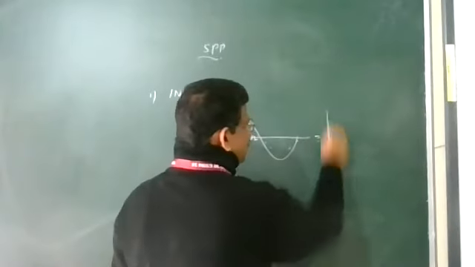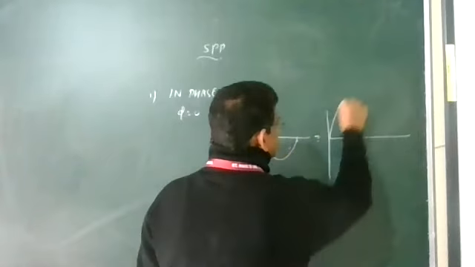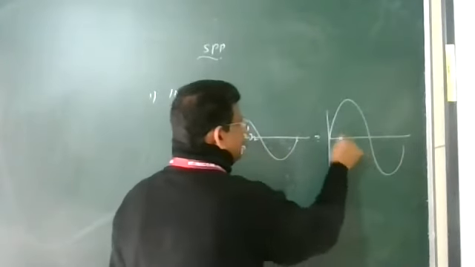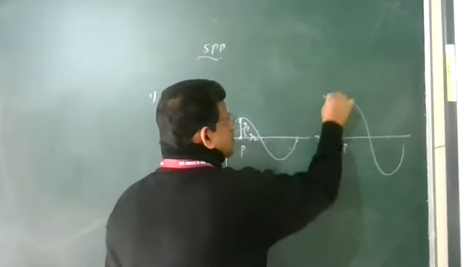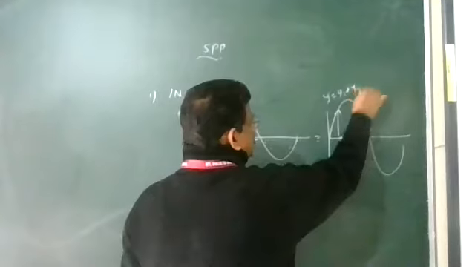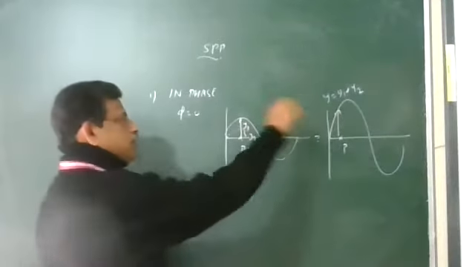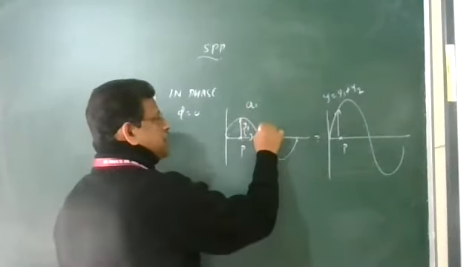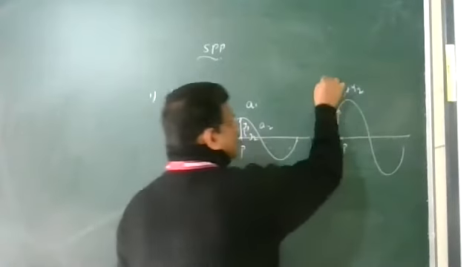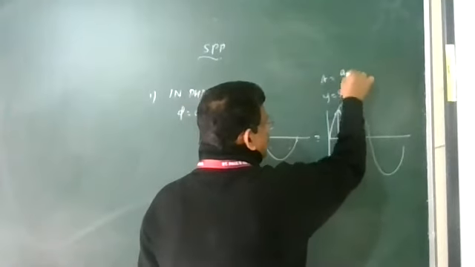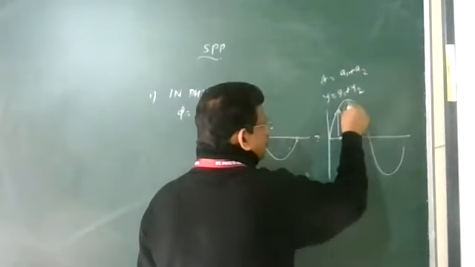When they combine, we get a resultant wave. At point P, the total displacement is y equal to y1 plus y2, the vector sum. We get a bigger wave. The first wave amplitude is A1, the second wave amplitude is A2, and the resultant amplitude is equal to A1 plus A2.